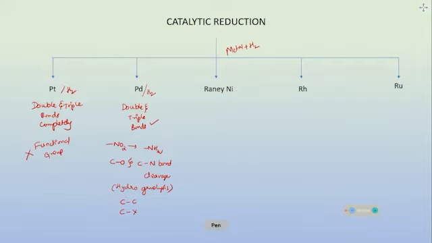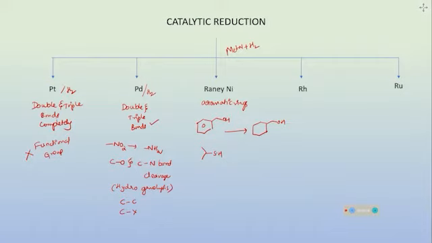Raney nickel is used for the reduction of aromatic rings. For example, let us take benzyl alcohol. On reduction with Raney nickel, the benzene ring is completely reduced to cyclohexane. Also, Raney nickel is used for the reduction of thiols.